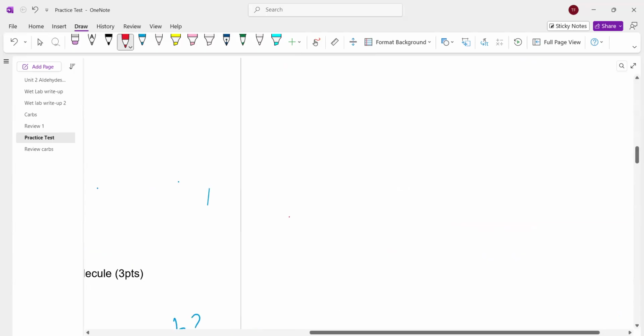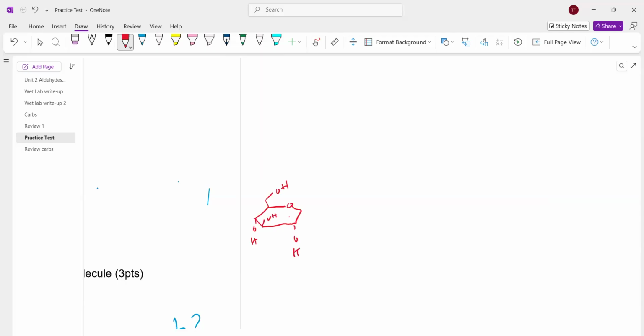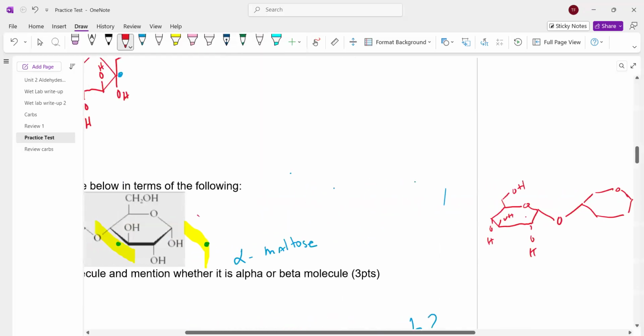So I'm going to start with the maltose, and we're going to open it up. I forgot which one it was. Alpha or beta. It's alpha.